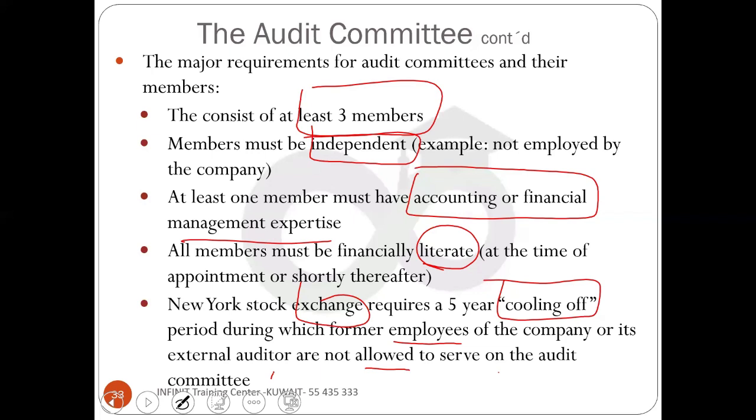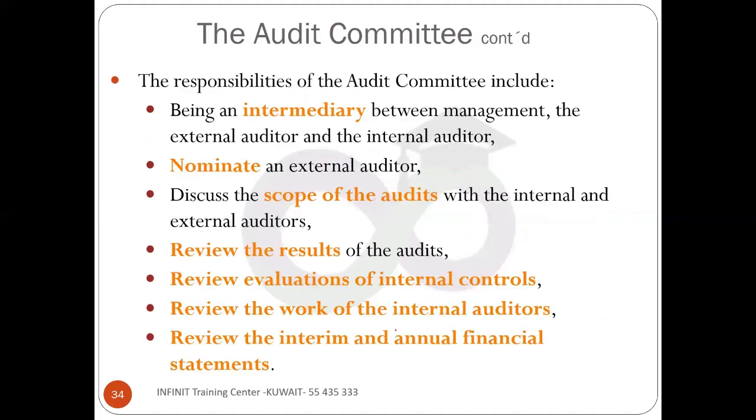If you resign, you have to wait for 5 years. So that's the 5-year cooling off period. Whether he is an external auditor or an employee, he has to wait for 5 years after he resigned from the company.